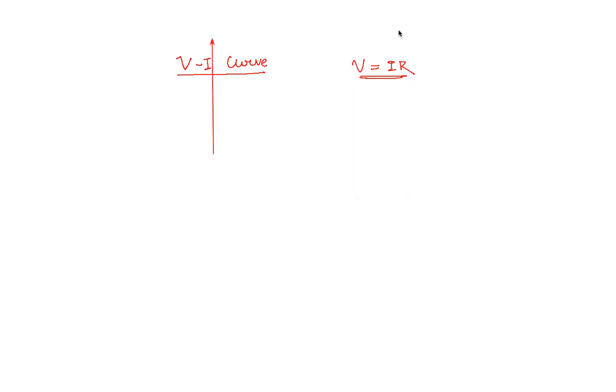This one is V, and I'm going to keep I on the other axis. Sometimes in the exam, an IV curve is also given. It will exhibit exactly the opposite characteristics to the VI curve.